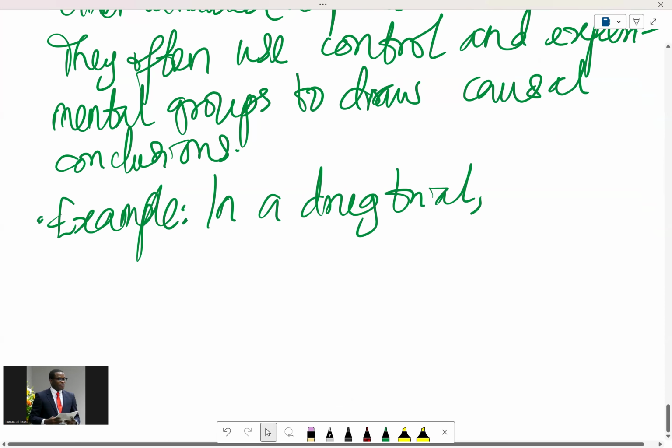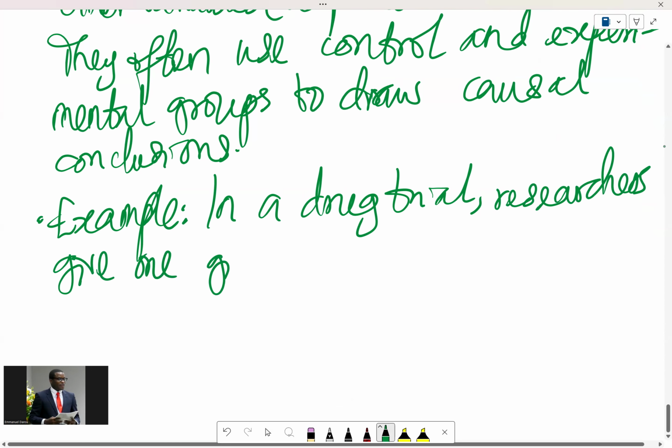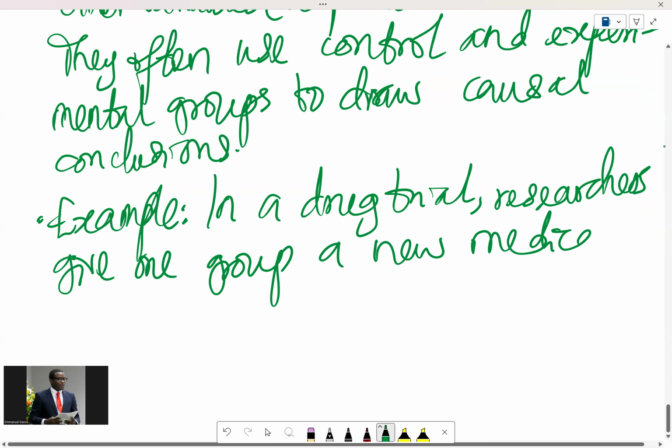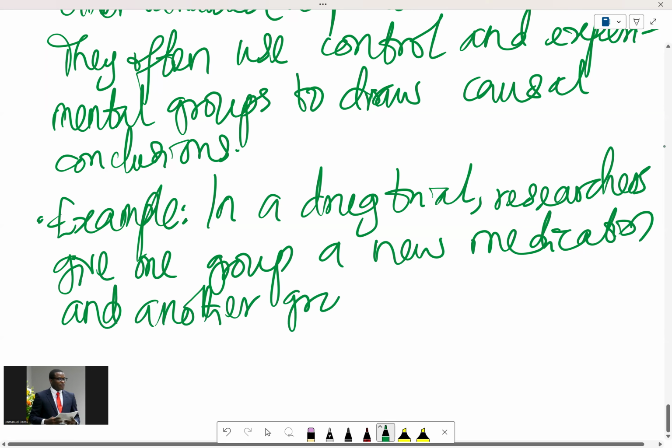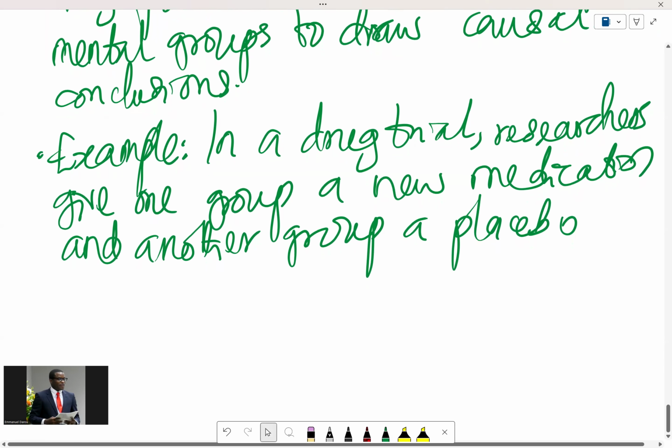So in a drug trial, researchers give one group a new medication and another group a placebo, because a placebo does nothing, but it can make people believe something is happening, right? So another group a placebo to test the drug's efficiency.